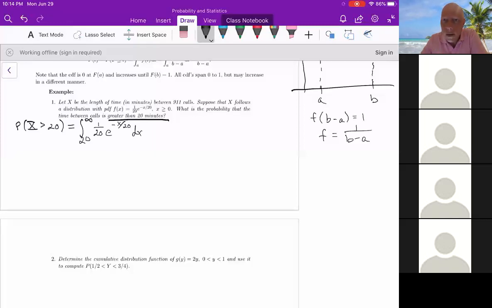Negative 20e to the power of negative 1 over 20x. So I heard negative, you said 20, 20e to the negative x over 20, is that what you said? Yeah.